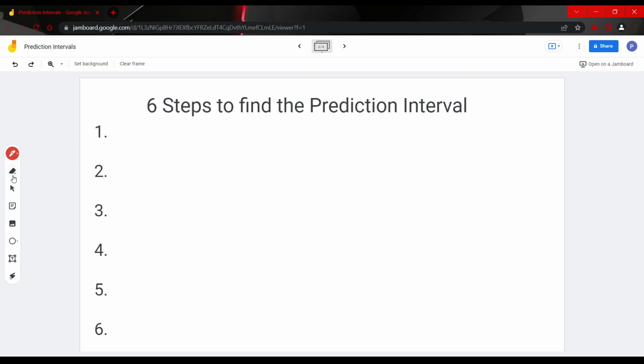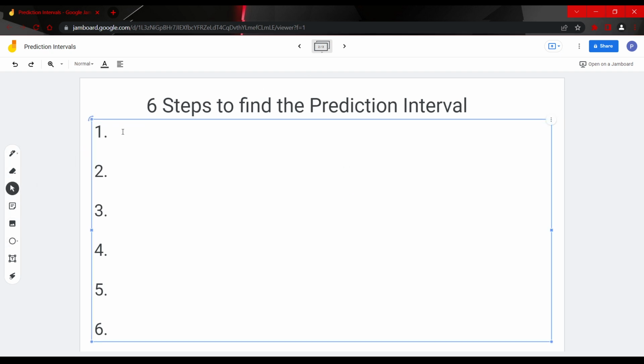Okay, so we're going to be talking about the 6 steps to use the prediction interval. And these steps can be written down on pages, I believe, 280 and 281. So you can write those down so that you can refer to it.